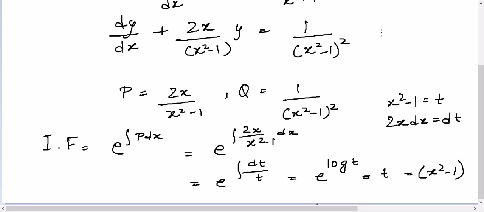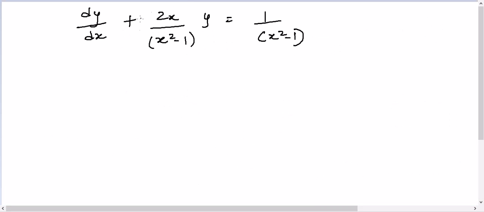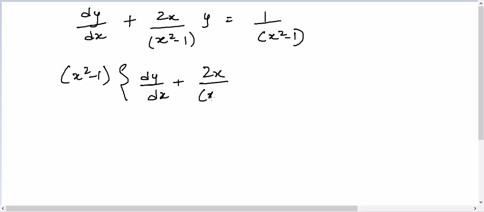Okay guys, and let me mark this equation as 1, as this is our equation in the linear equation form, right? So guys, continuing, what will be the next step? You need to multiply the integrating factor on both sides, right? So multiplying, the squares are in here, forgot that.